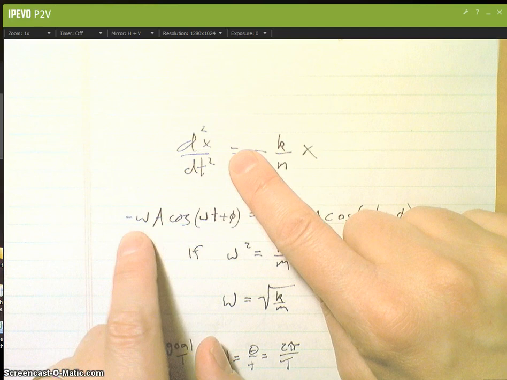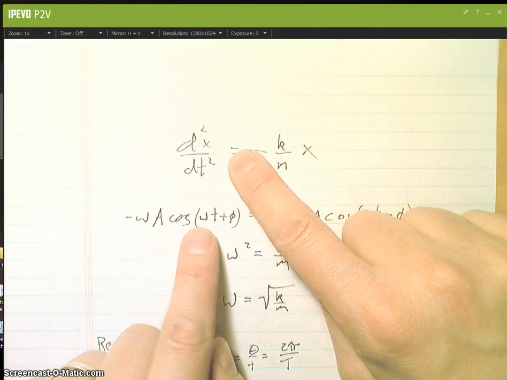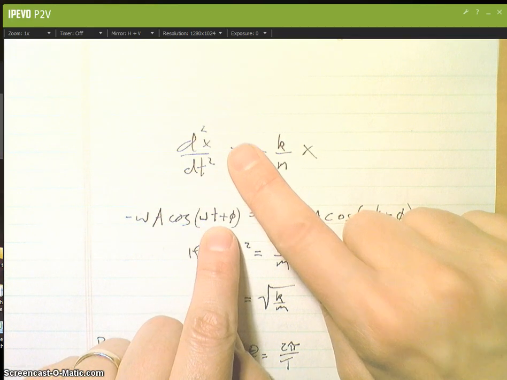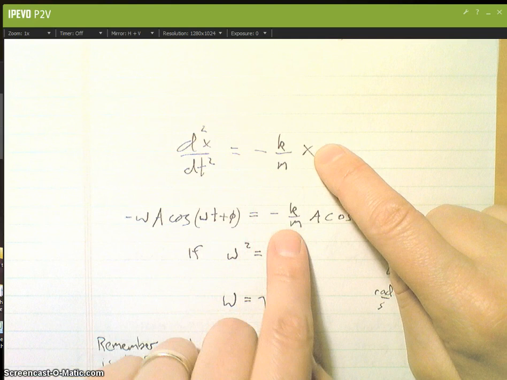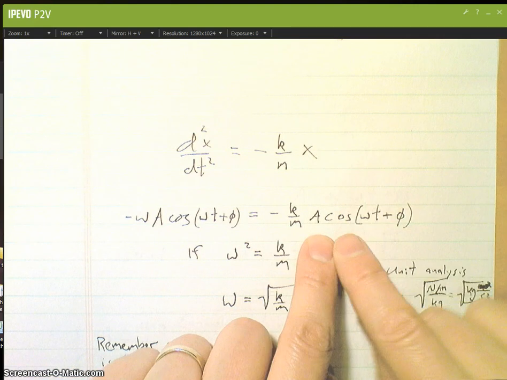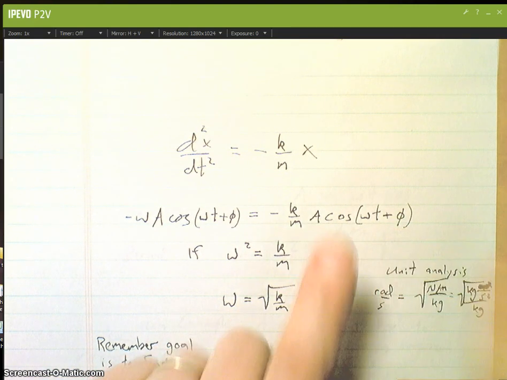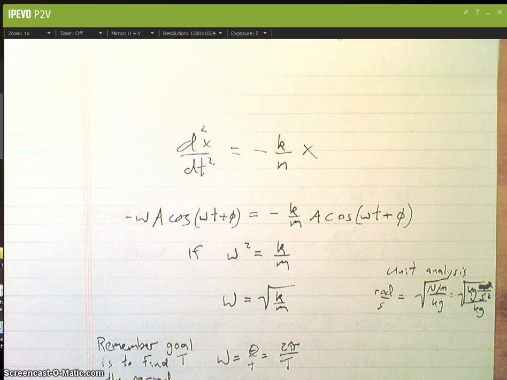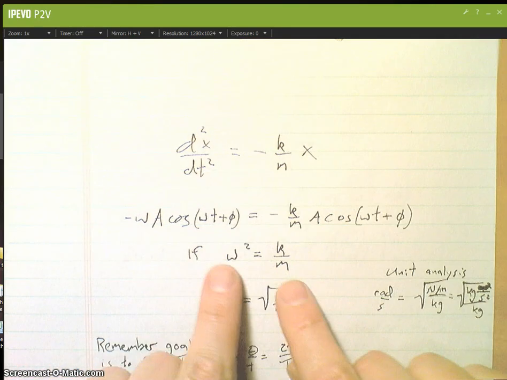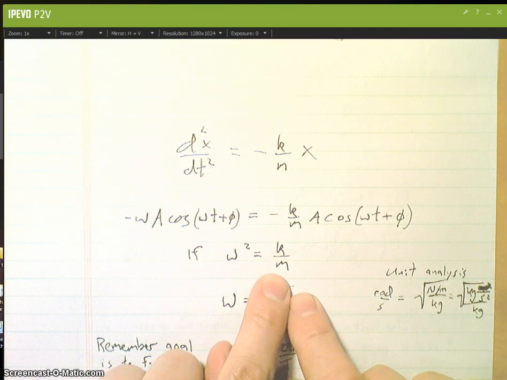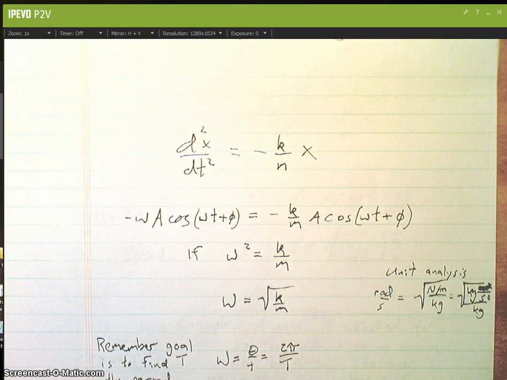This, remember, is minus omega squared A cosine of omega t plus phi, minus k over m, and x is A cosine of omega t plus phi. The A cosine of omega t plus phi cancels out. They're gone. So, if omega squared is equal to k over m, it works.